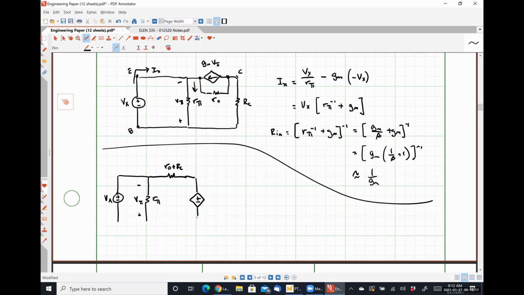And it's going to give me a voltage source that is GM V pi R naught. Right here. All right, so what do I want to do now? Here's my current Ix.